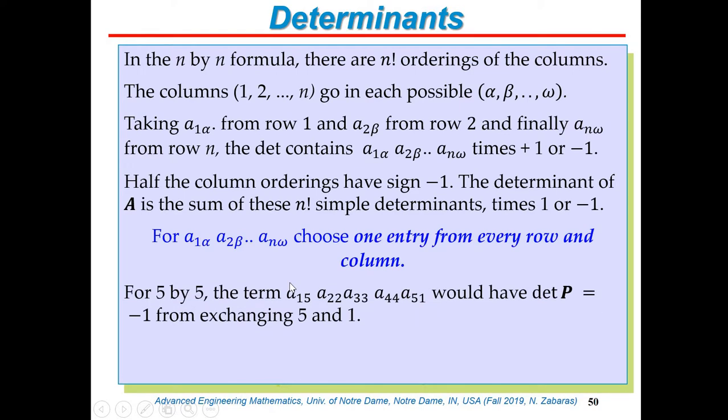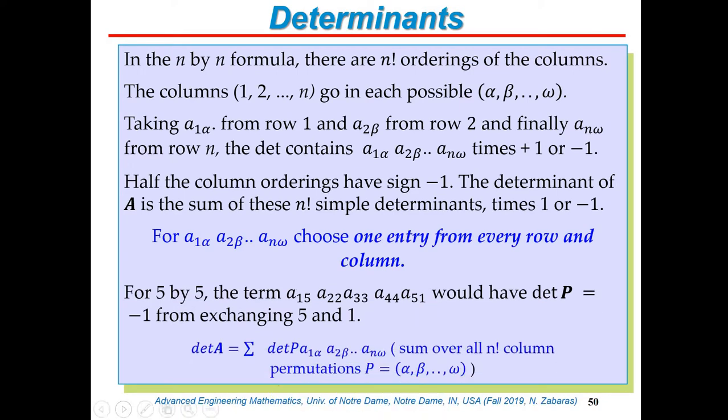So effectively you can think of the determinant as nothing else but the product of all of these terms for all possible permutations of the indices 1, 2 to n, and you multiply each of these terms with the determinant of the permutation that you have performed to go from 1, 2 to n to the indices alpha, beta, omega.